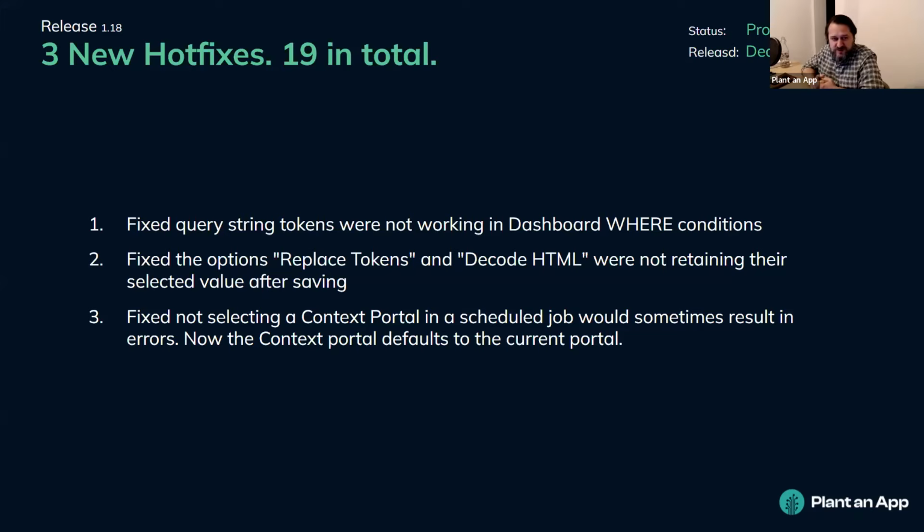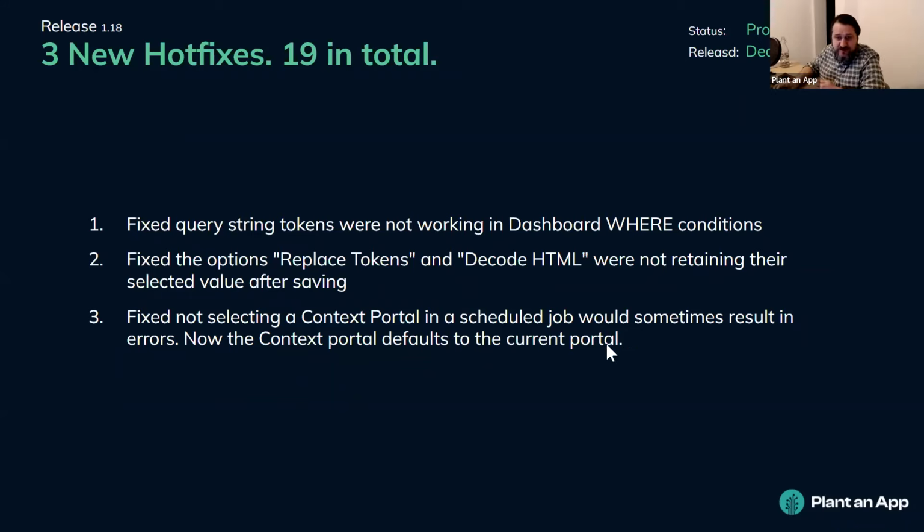This opens up a new array of possibilities in terms of having dynamic cards, for example, in dashboards. The other thing that we solved, there are these options to replace tokens and decode HTML inside when you define a token, and they were not retaining their values. So this has been addressed as well.